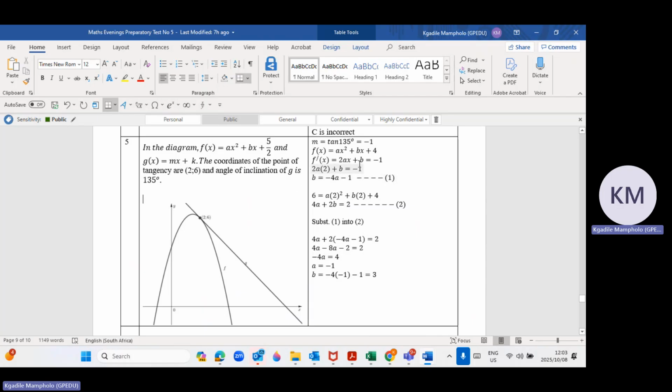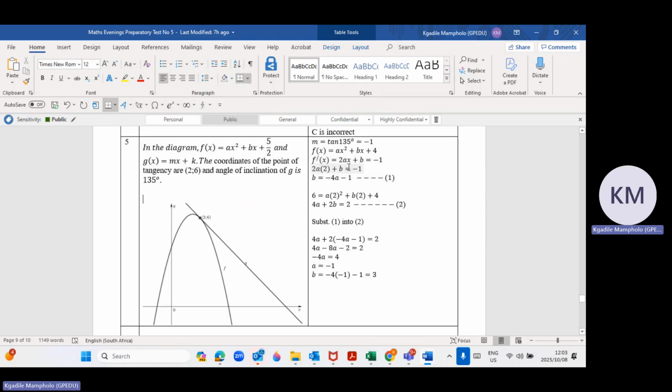So f of x equals ax squared plus bx plus 5 over 2.